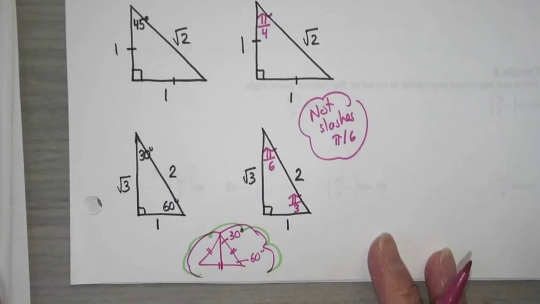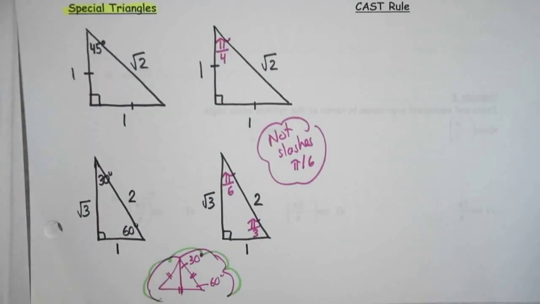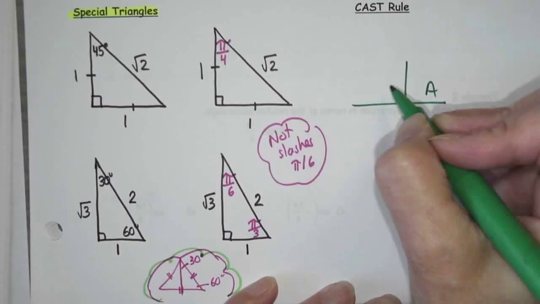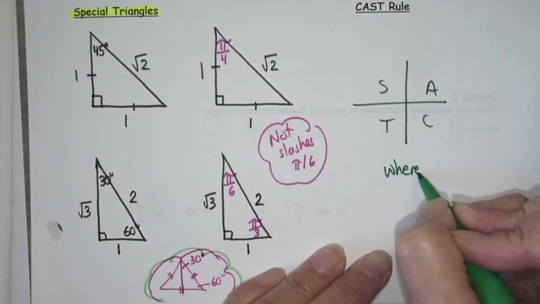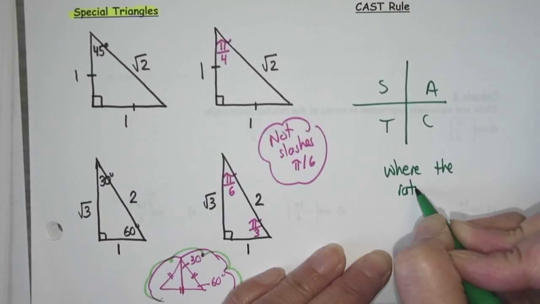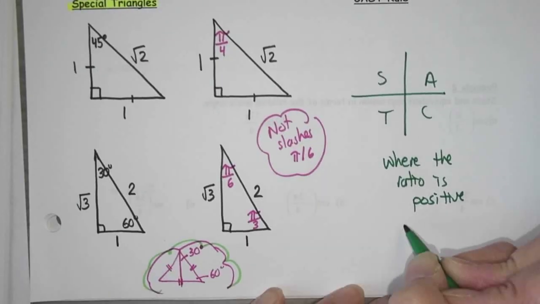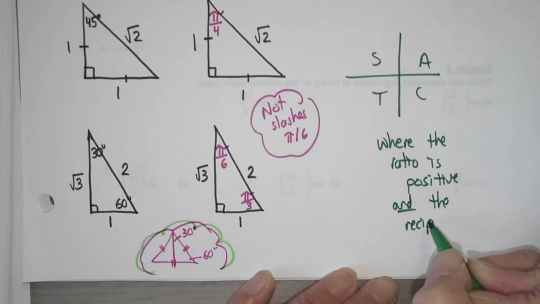Special triangles, we've got it now memorized in both forms. All right. CAST rule, we already know. There was nothing really for me to add there. It's CAST, and it's where the ratio is positive and the reciprocal ratio as well.